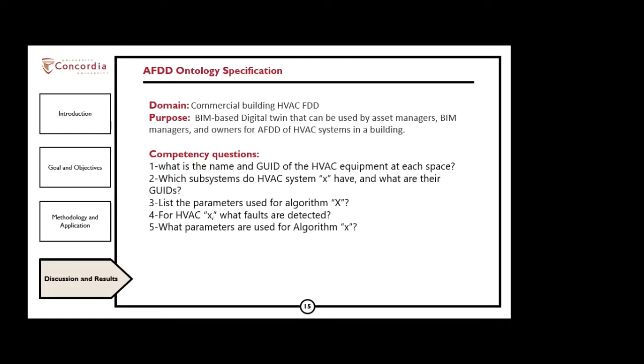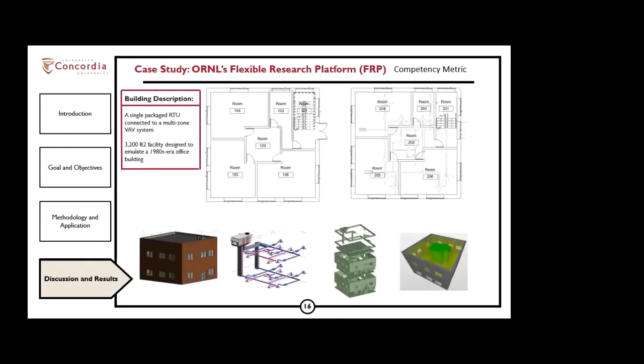These are some of the competency questions. They are not a full exhaustive list of the competencies, just to show what type of questions can be asked. Like, you are able to ask the parameters used for a specific type of algorithm, the faults that are associated with an HVAC, the spaces that HVACs consist of, the relationship between the HVAC and so on.